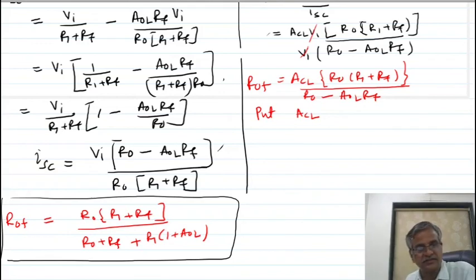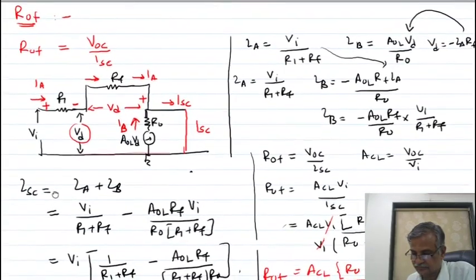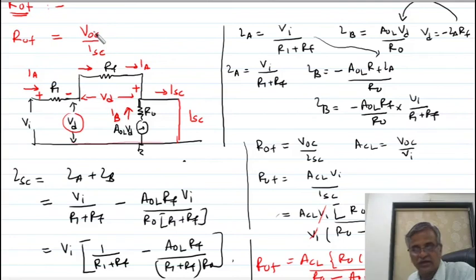Let me discuss again how to derive this equation. The output resistance can be calculated as open circuited output voltage upon short circuit current when RL is not connected. So this is a short circuit.